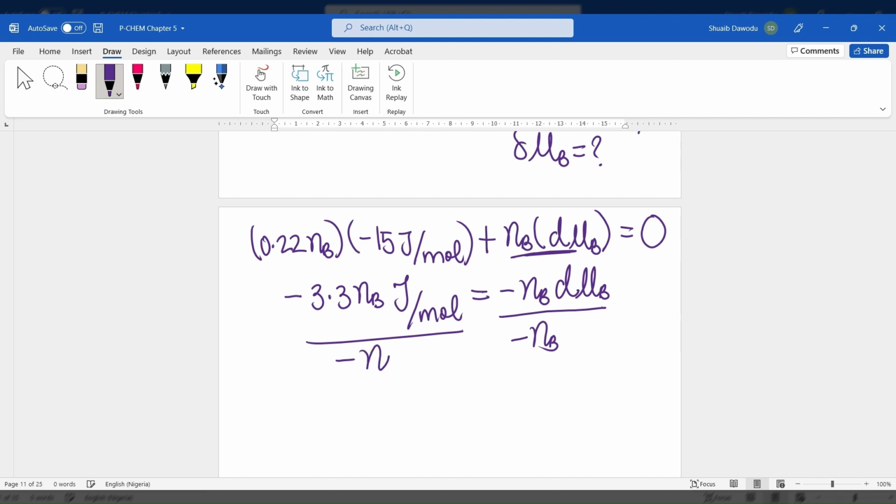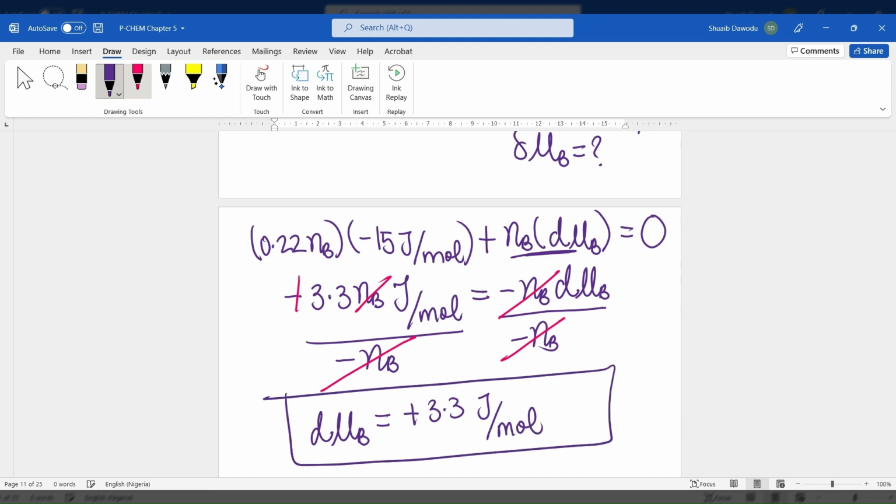So the n sub B terms cancel out, and the change in chemical potential of B is simply positive 3.3 joule per mole. That is the answer to this question.